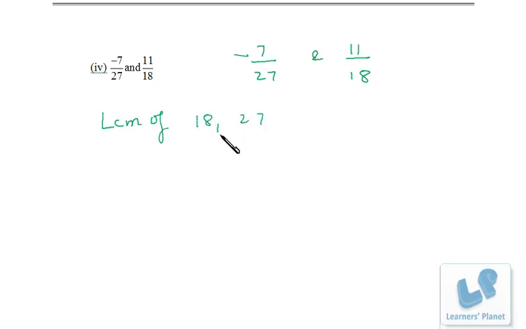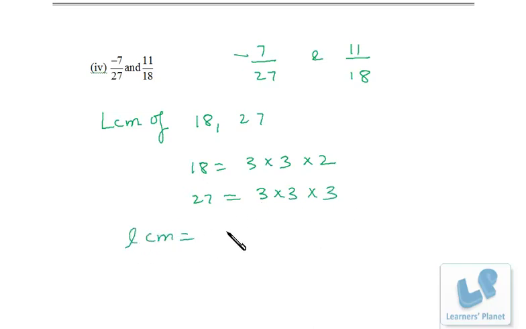Now, how do we find the LCM of 18 and 27? 18 is 3 into 3 into 2 and 27 is 3 into 3 into 3. Right? So LCM will be the highest power of 3, that is 3 times 3 times 3, and then 2. So it's 54. Okay, that means the LCM of 18 and 27 is 54.